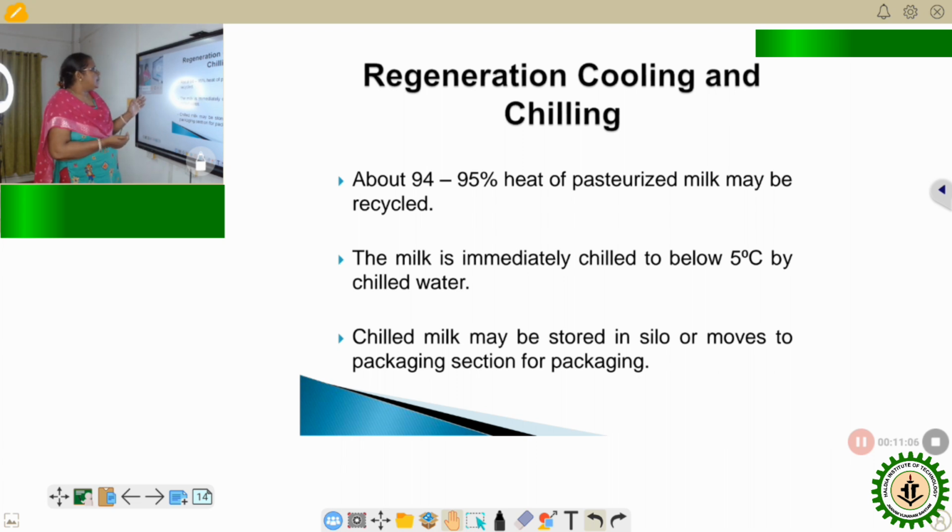After this section, once heating and holding are covered, the milk is generally cooled to below 5 degrees centigrade by passing chilled water, and chilled milk may be stored in a pasteurized milk storage tank, or it can be directly sent to the packaging section for packaging. So anything can be done.